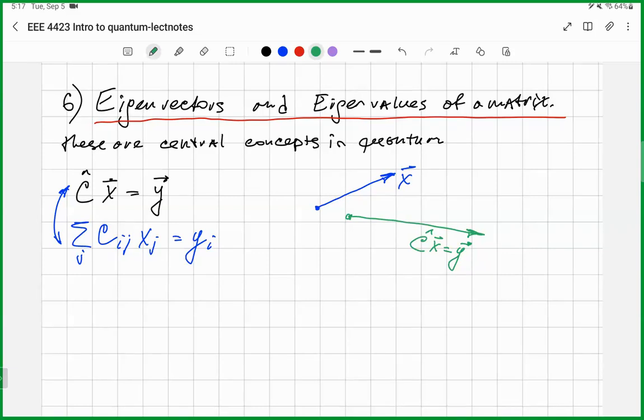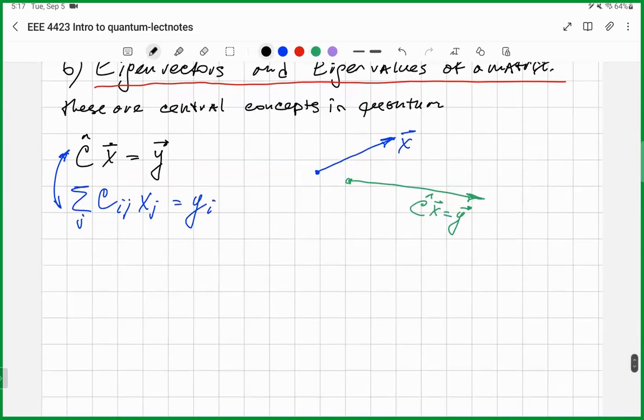But for any matrix, there is a vector that, when you apply this matrix C on it, creates another vector which is parallel to the initial one, and this is what is known as an eigenvector.